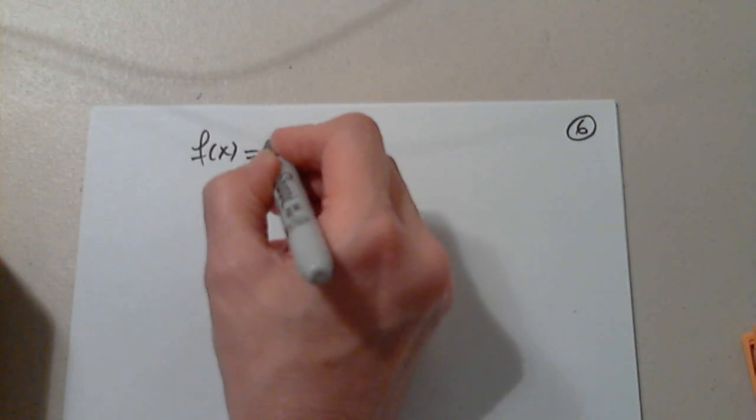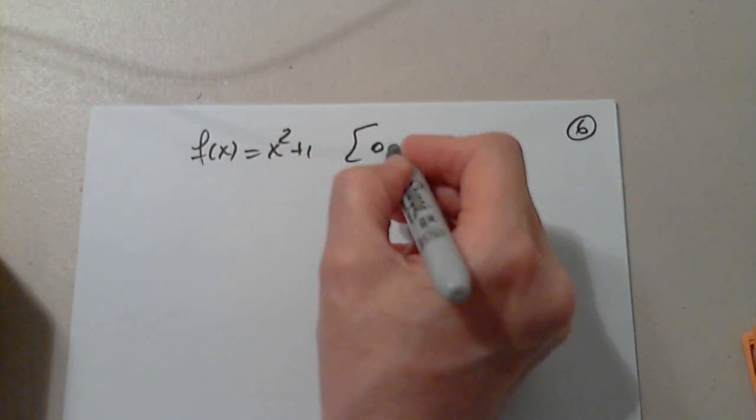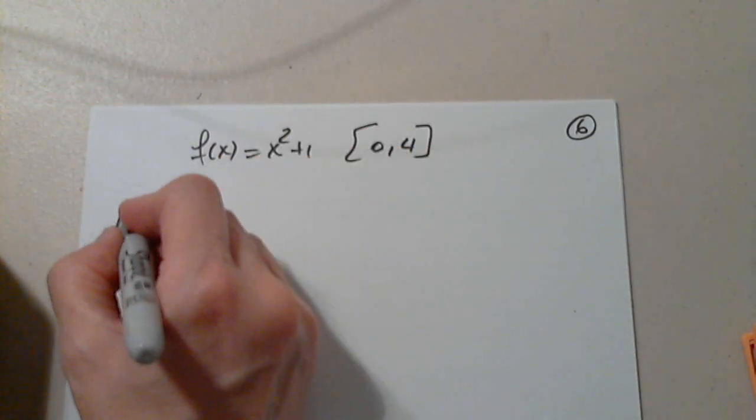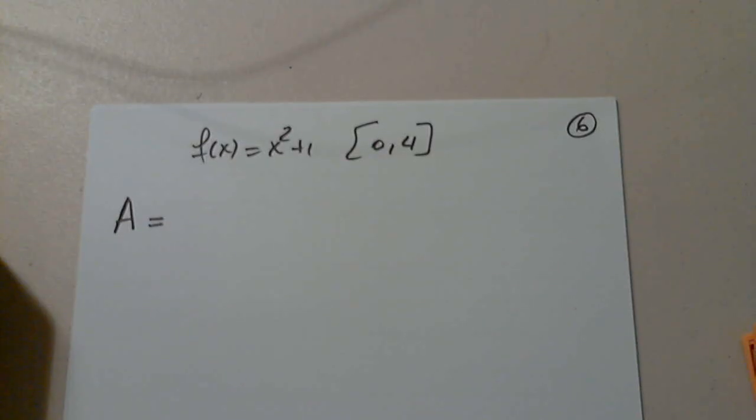So the function is f of x, x squared plus 1. The interval is 0 to 4, and we want to find the exact area. Would anyone like to dictate how to set it up?